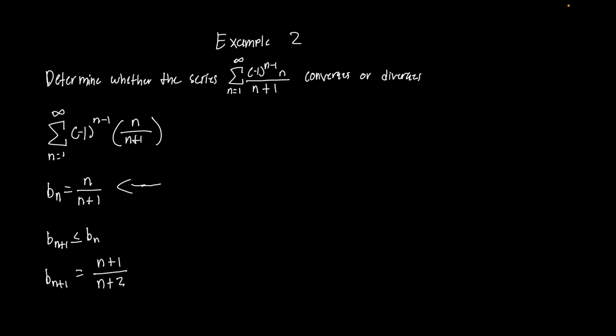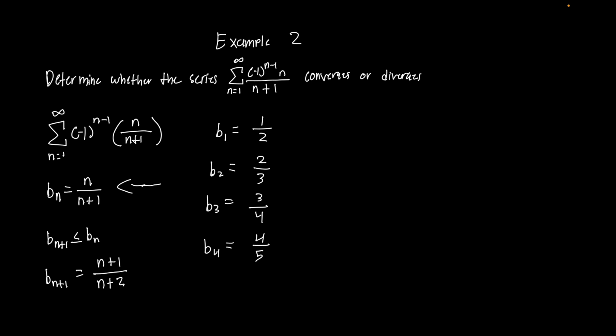b sub 1 is going to be just 1 over 1 plus 1, which is 1/2. The second term is 2 over 2 plus 1, which is 2/3. The third term is 3 over 3 plus 1, which is 3/4. We'll do one more. Our fourth term is 4 over 4 plus 1, which is 4/5.